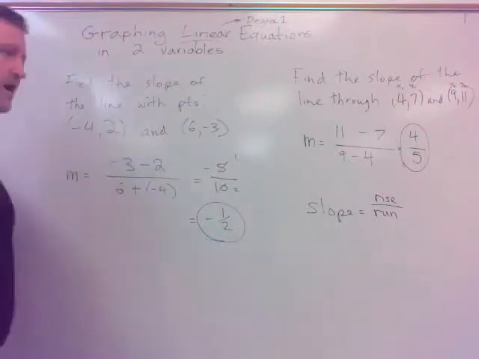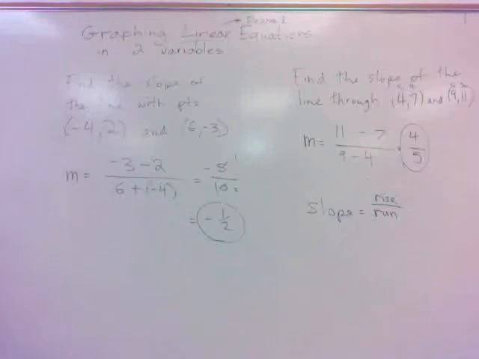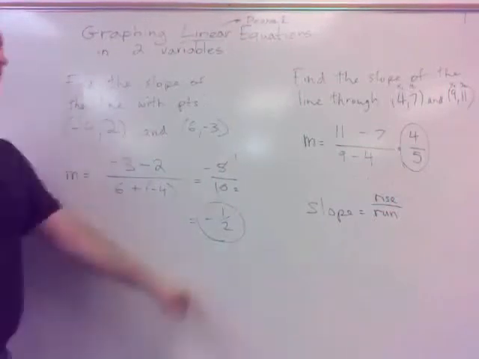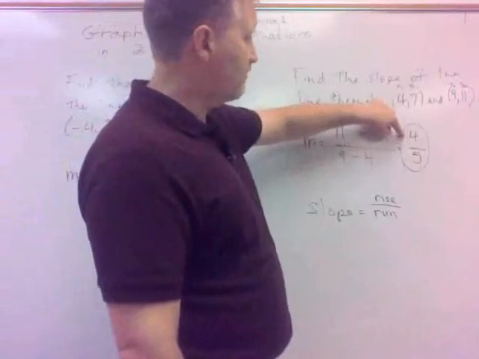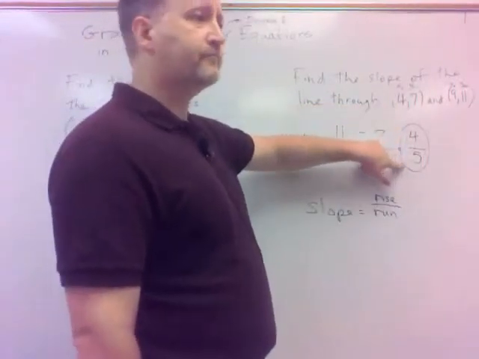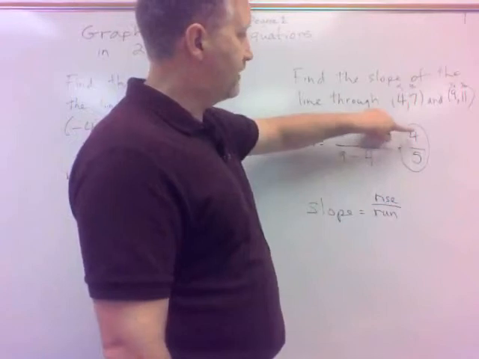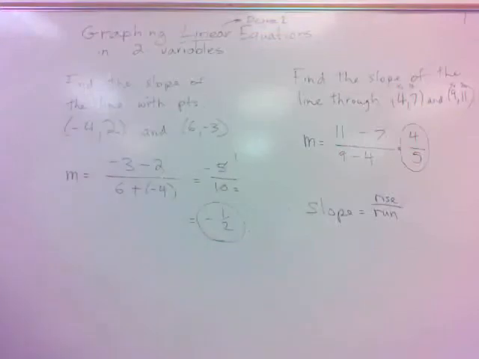It's a ratio of the rise, how much from point to point you rise, to how much point to point you run. And this is a good example here. This one says I rise 4 for every 5 I run. So from point to point, we rise 4 and run 5, or some ratio equivalent there.